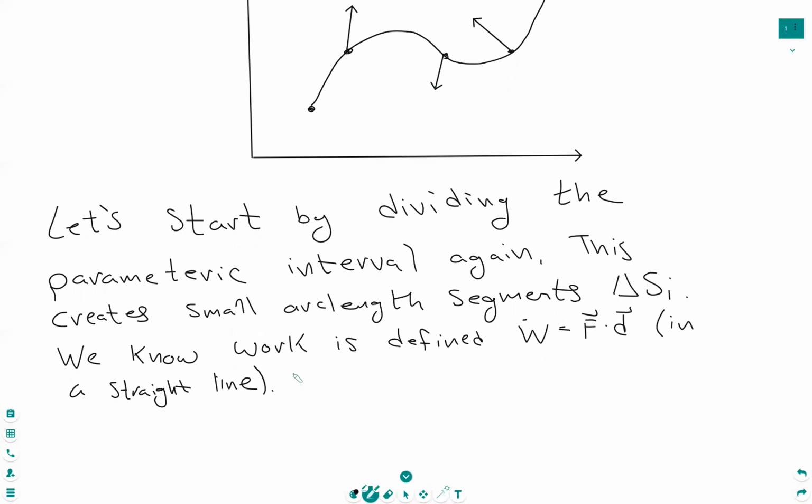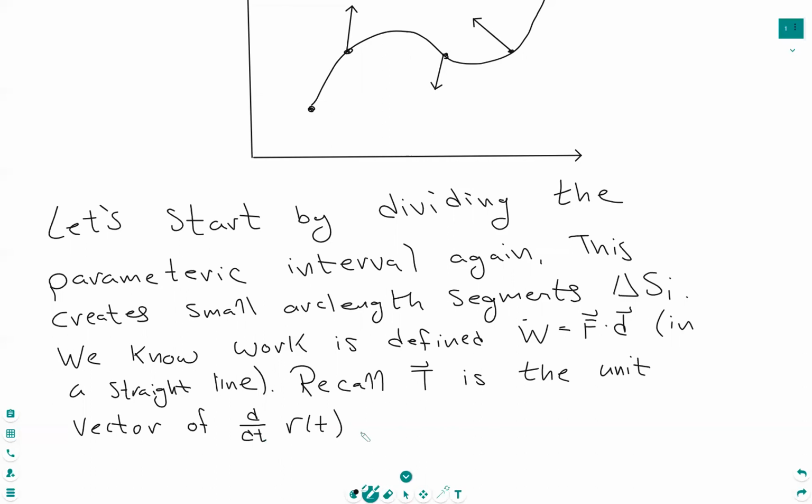In order to do that calculation, recall the unit tangent vector T is the unit vector of the first derivative of the position vector, right?